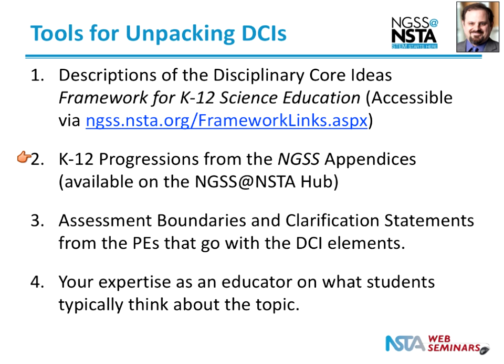Another piece that is very important here are the K-12 progressions from the NGSS appendices. This tells you what happens in K-2, 3-5, 6-8, 9-12, how those ideas are meant to develop over time. And it's important. The assessment boundaries. This is one place where you do want to go back and look at the performance expectations because they have assessment boundaries and clarification statements.